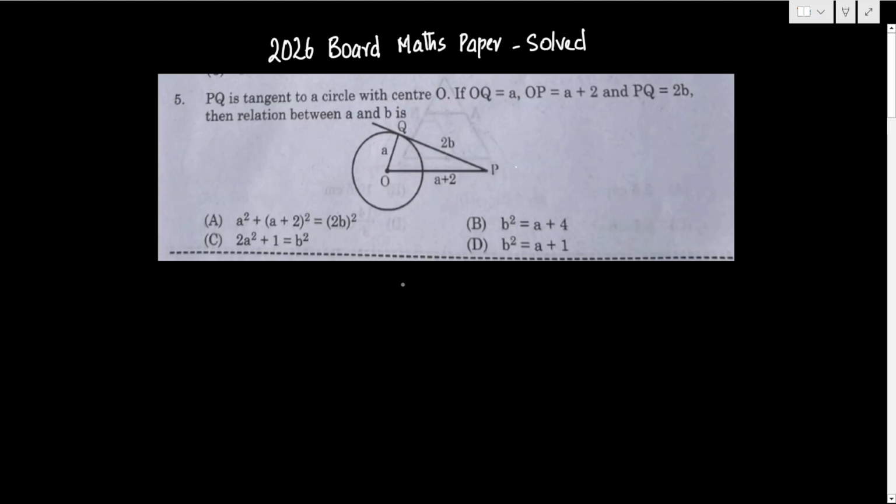Okay, question number 5. PQ is the tangent to the circle with center O. So this is PQ. OQ is A. OP is A plus 2. PQ is 2B. And OQ is A. The relation between A and B equals.